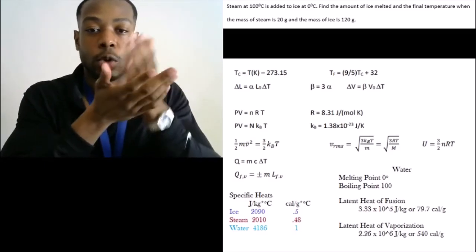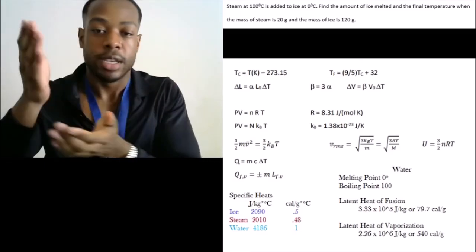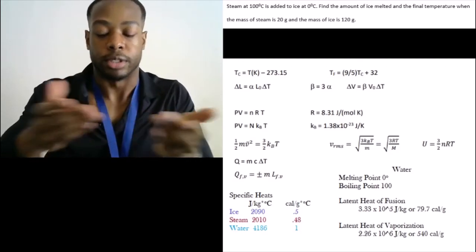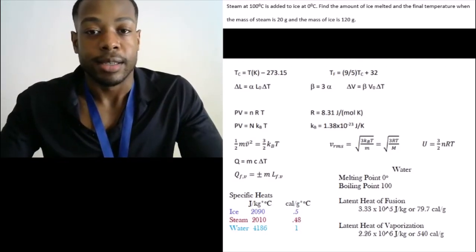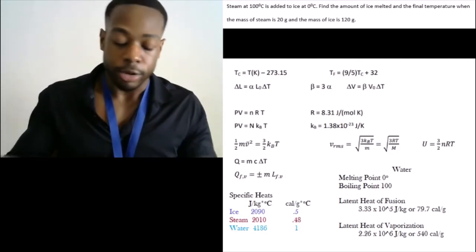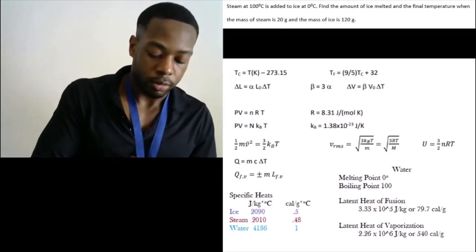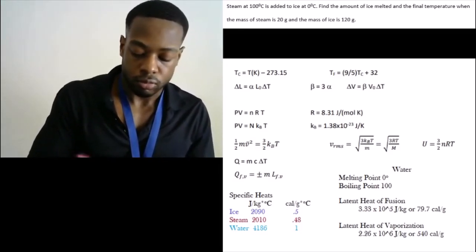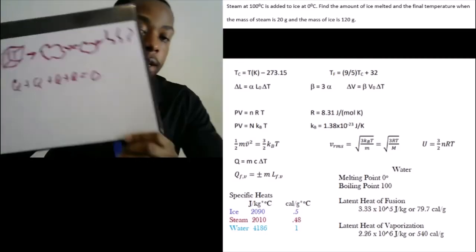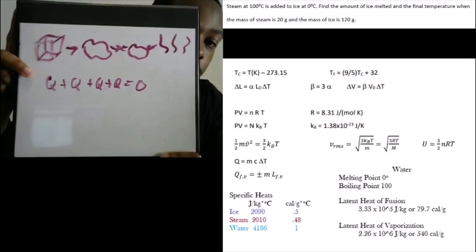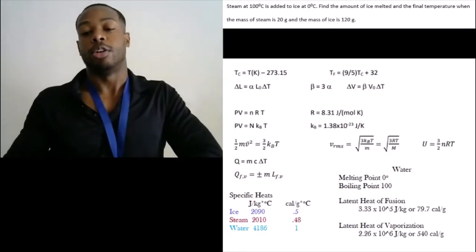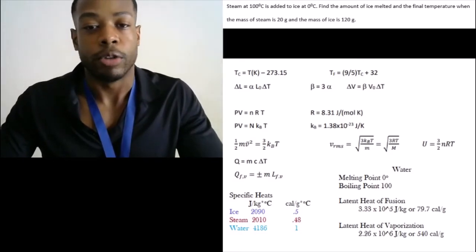Ice changes to water, that water changes temperature. Steam changes to water, that water changes temperature. So you've got sort of an equilibrium equation. You've got all your Q's together, and they're going to come to equilibrium. So the idea is at that equilibrium point you can find the temperature, right?